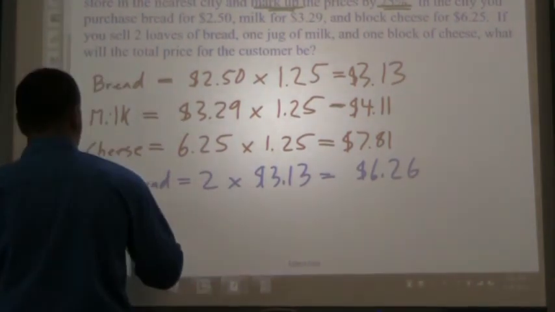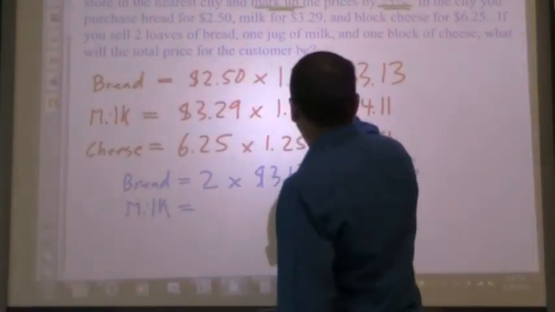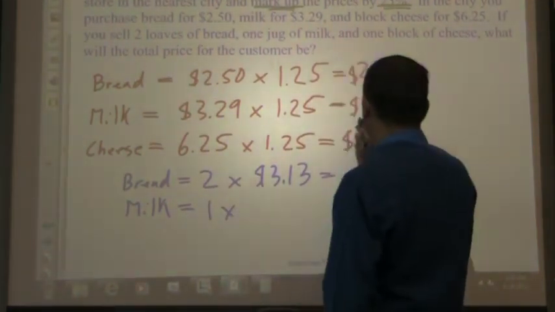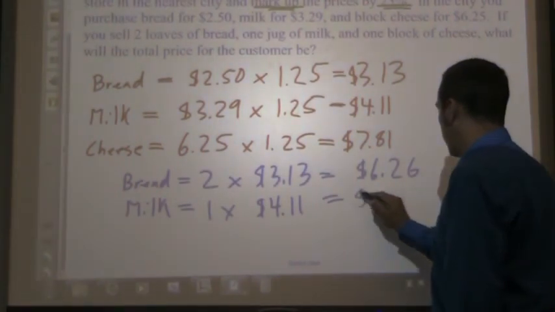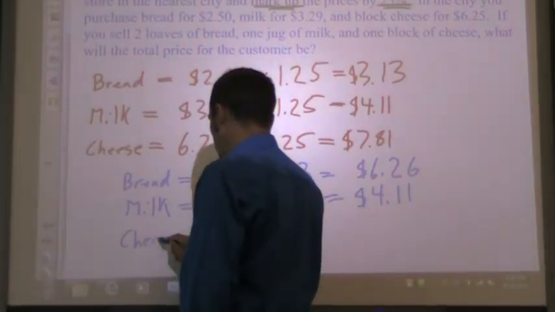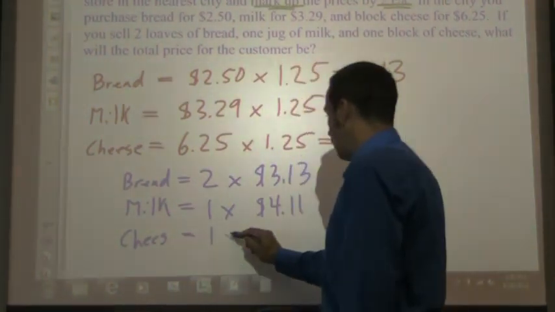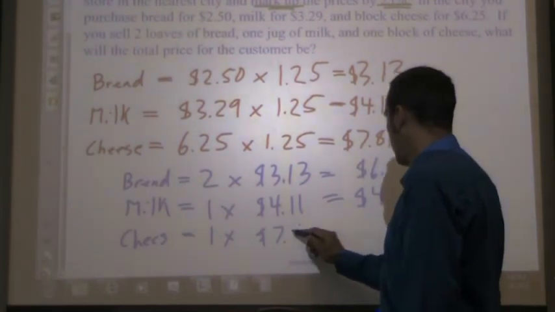For the milk, right? You just got 1 jug of milk, so price for that is $4.11. Easy calculation there. And same thing with the cheese. Right, you only have one block of cheese. That was $7.81.